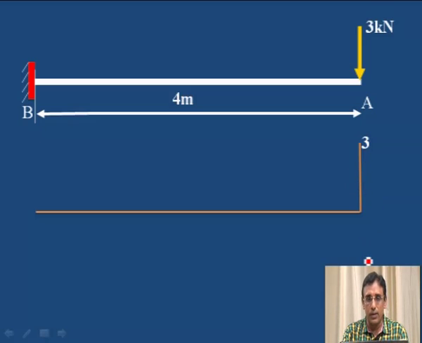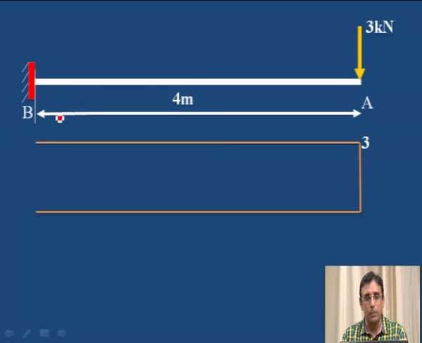Then up to B it is the same 3 kilonewton, constant, because no further load is added. Then join the last point. Therefore, it is a rectangle. It is constant from A to B and the maximum shear force is 3 kilonewton. This is called the shear force diagram.